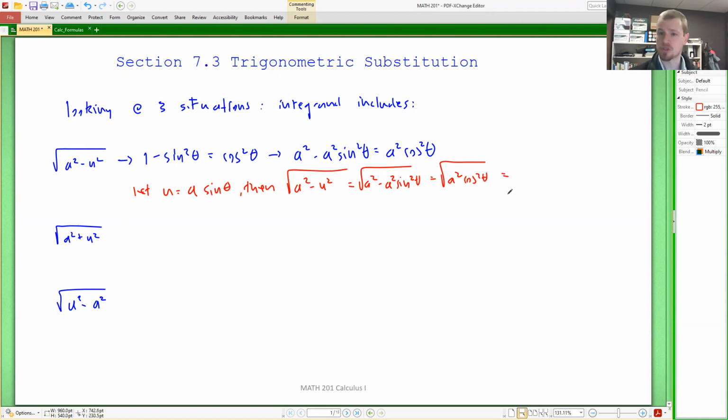But of course, we can take the square root then and find that this is just a times the cosine of theta. So we're able to reduce something that involves a radical to something that no longer involves a radical. So we're going to use this substitution to help us do that.